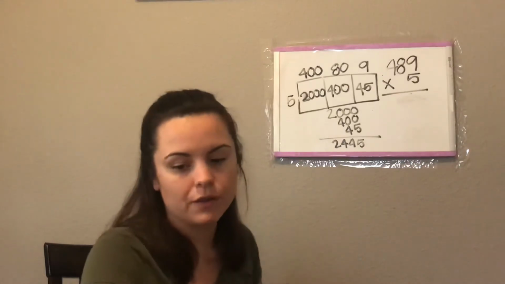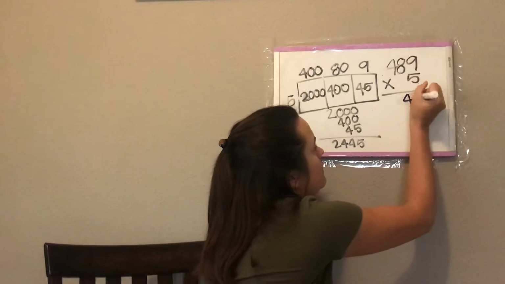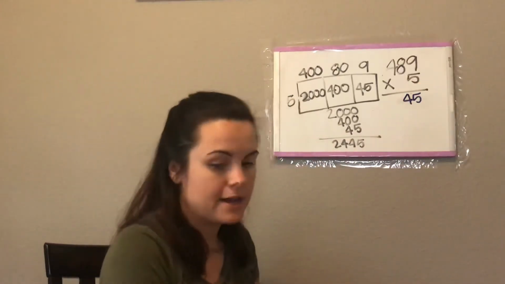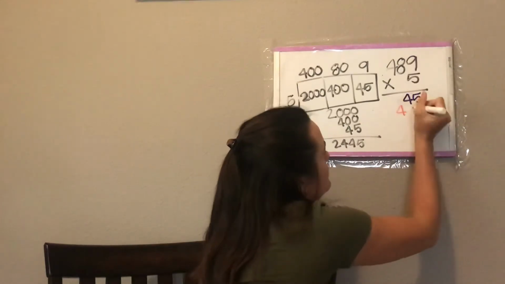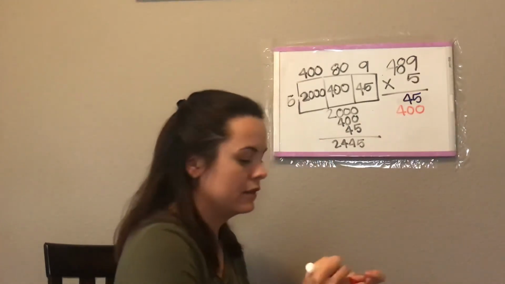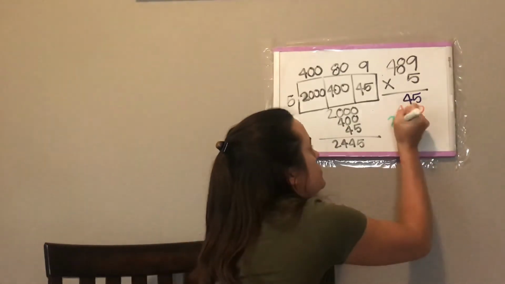We'll do different colors. So 45. And then 5 times 80, which is 400. And then 5 times 400, 2,000.